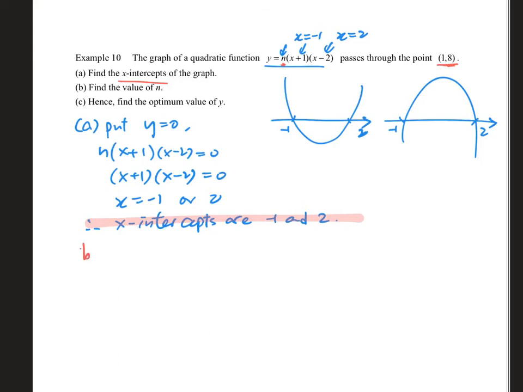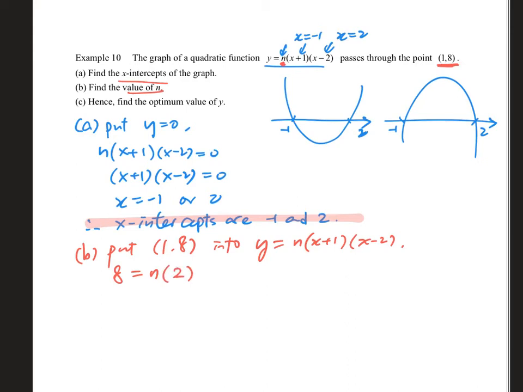Coming up next, we go to part B, where we are going to find the value of n. Do you remember the sentence I just mentioned a minute ago? Nice. If you want to find an unknown in a diagram, you should do substitution. So you put x is 1 into the function y is n(x plus 1)(x minus 2), which gives you y is n, 1 plus 1 is 2, 1 minus 2 is minus 1.